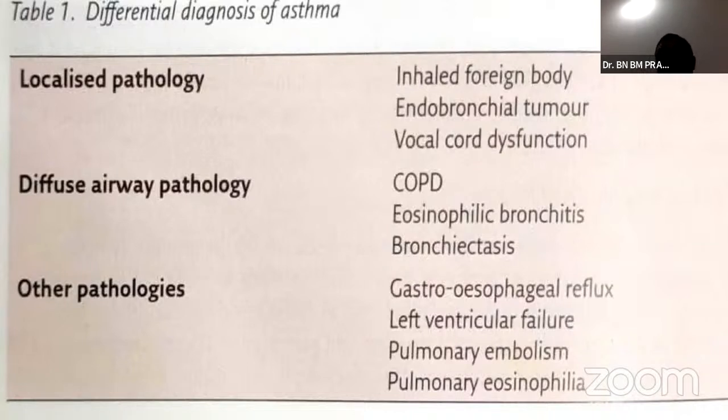Pulmonary embolism can also present with acute severe breathlessness, and pulmonary eosinophilia. They all should be considered in the differential diagnosis of acute severe asthma. Please remember, we have to consider this as a possibility because the approach to the management of these conditions is entirely different. For example, left ventricular failure, cardiac asthma, has to be managed differently from bronchial asthma. Next slide, please.